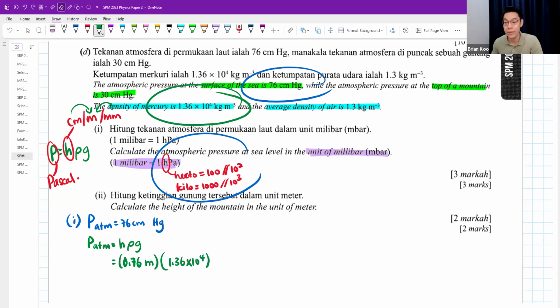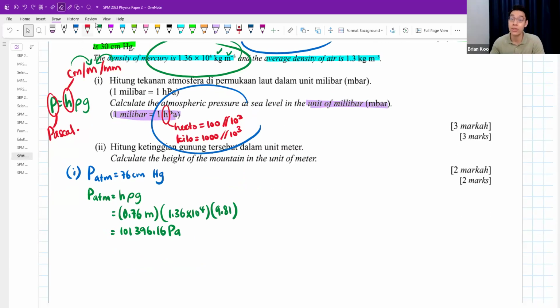Everything here is mercury. Kg is an SI unit, meter cube is also an SI unit, then the g value also uses SI units. By doing this, you will already get 2 marks out of 3.